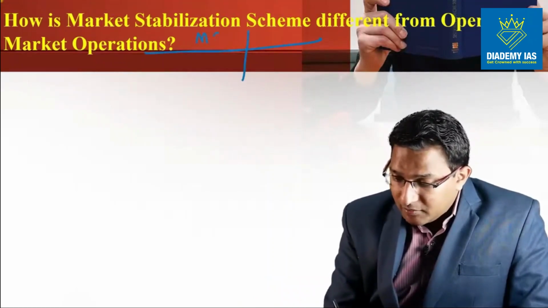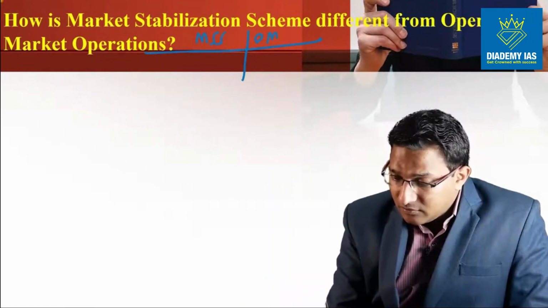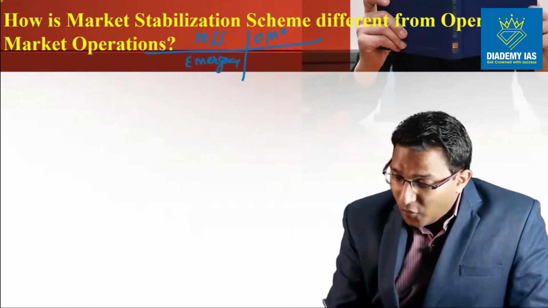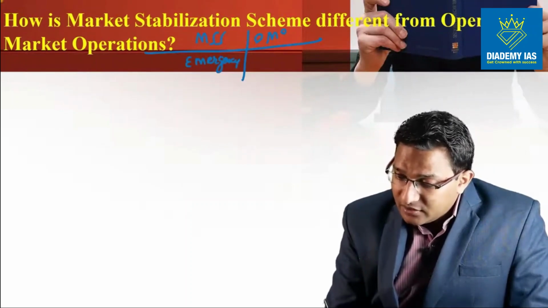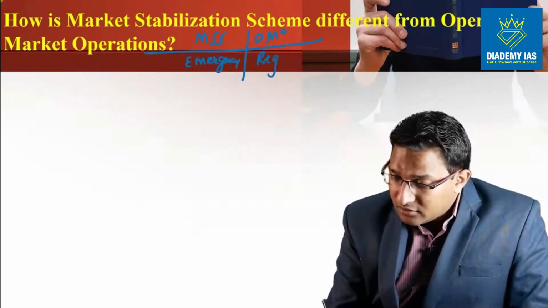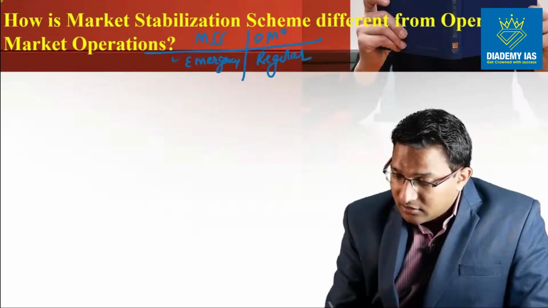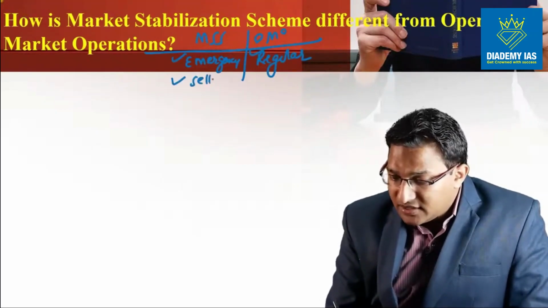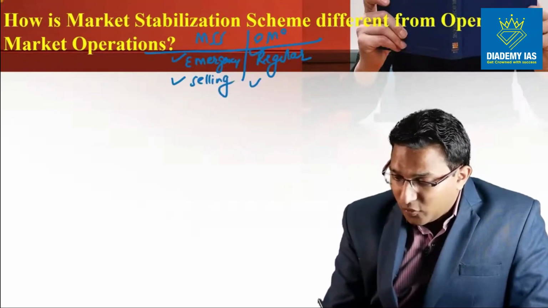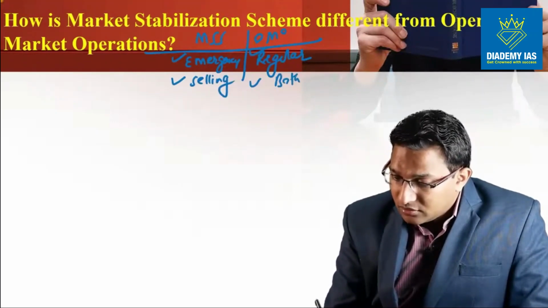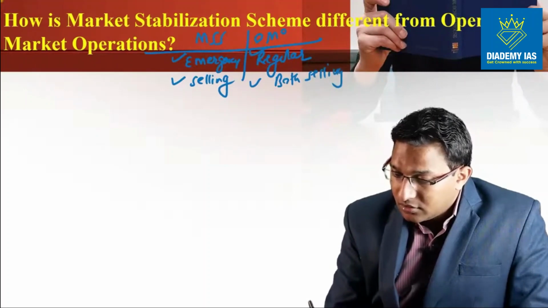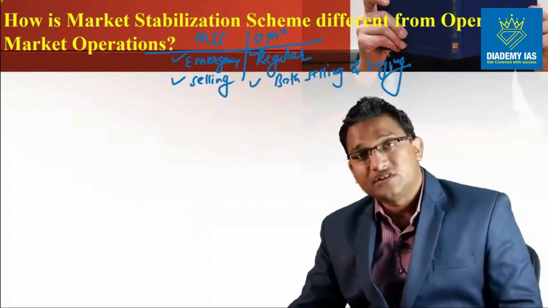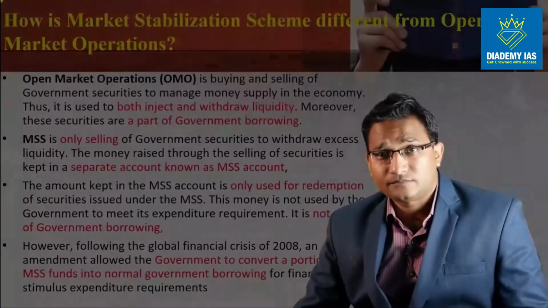One, the market stabilization scheme is used in an emergency, and open market operation is a regular activity. In the market stabilization scheme, only selling is done, and in the open market operation both selling and buying is done, right? Selling and buying of the government security is done.